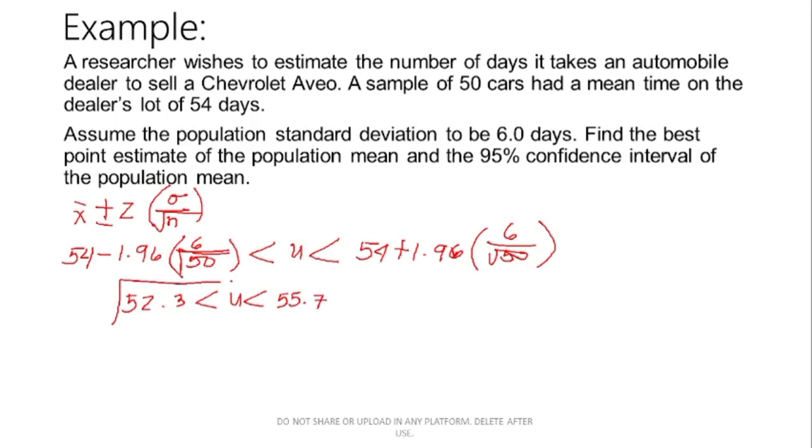So this is our interval at 95% confidence level. We can conclude that with 95% confidence, the interval is between 52.3 and 55.7 days.